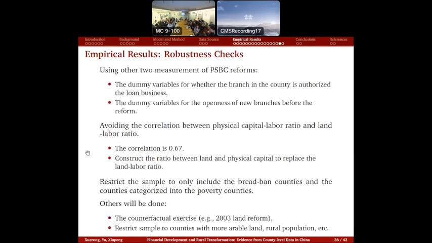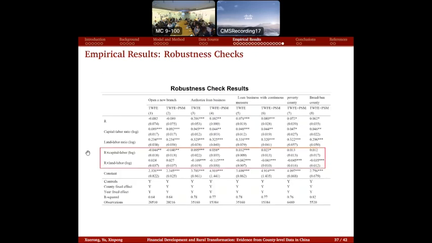Then we do several robustness checks using other measurements, solve the correlation problem, and also restrict the sample to subsamples. And here is the result. So in summary, we can see that in the first column, only after the long visits can we see more positive impact on the capital labor ratio and more negative impact on the land labor ratio.